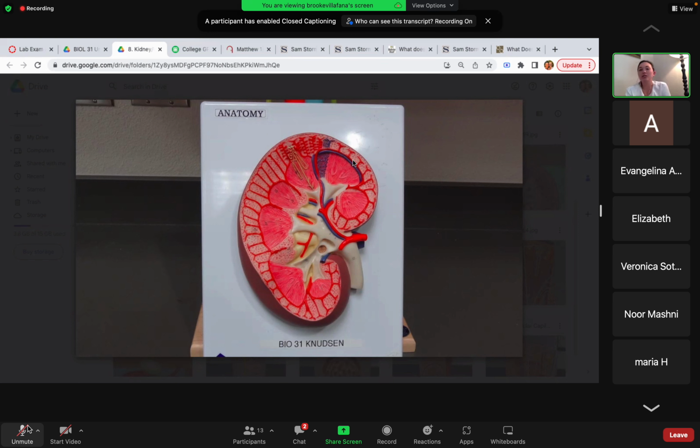Kind of transitioning into kidney. The kidney is going to be the hardest topic of your exam. The actual physiology part of this lecture is the most complicated, but it's not that bad. This and muscle contraction are the areas that if you don't study them, you will not be able to answer questions on them.